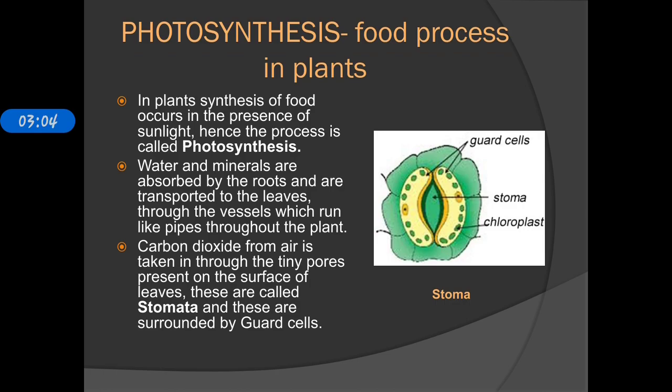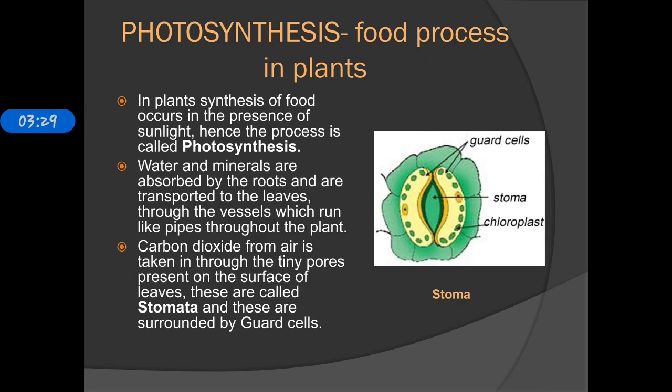Water and minerals are absorbed by the roots and are transported to the leaves through the vessels which run like pipes throughout the plant. Carbon dioxide from air is taken in through the tiny pores present on the surface of leaves. These are called stomata, and these are surrounded by guard cells.